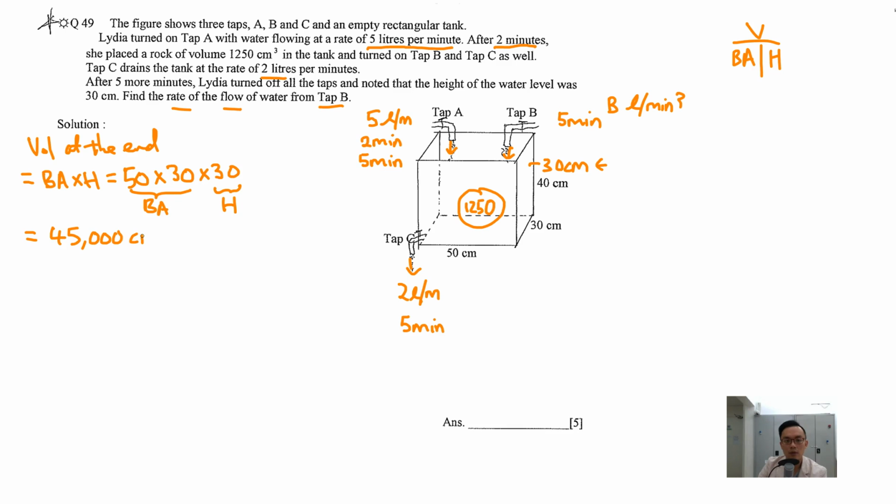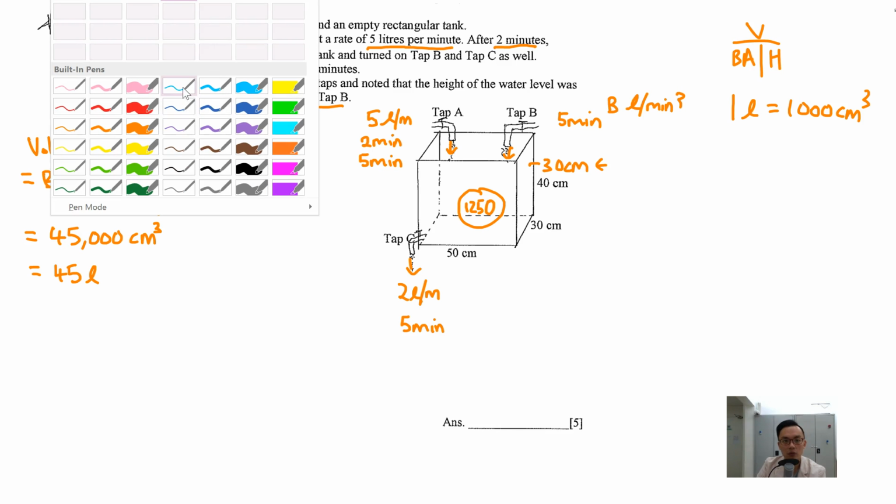45,000 cm cube. Okay, and 1 liter equals 1,000 cm cube. So cubic centimeters, sorry, equals 45 liters. Okay, so I'm going to show you how I get it again, because it's actually quite important for you to know.